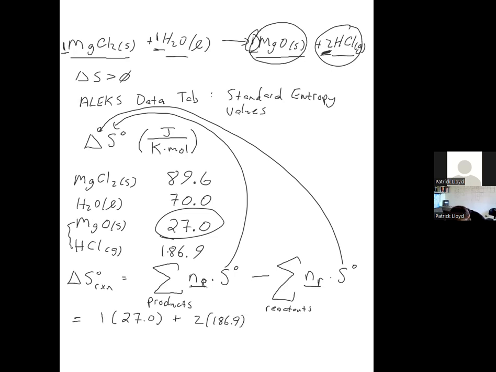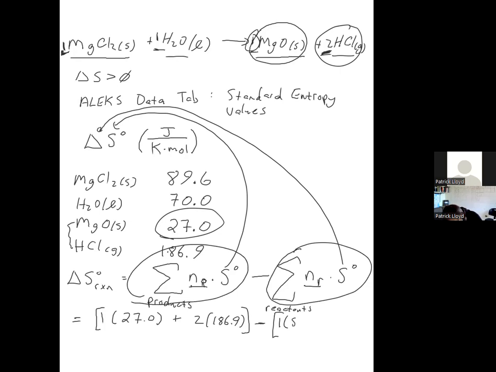So now I'll put those in parentheses and brackets, just so that we're talking about how this is the first term. And then we're going to subtract the second term. So minus the first reactant, 1 is the coefficient and 89.6, plus the second reactant is water, so 1 times 70.0. Okay, so see how I put those all in the brackets just to do products minus reactants.